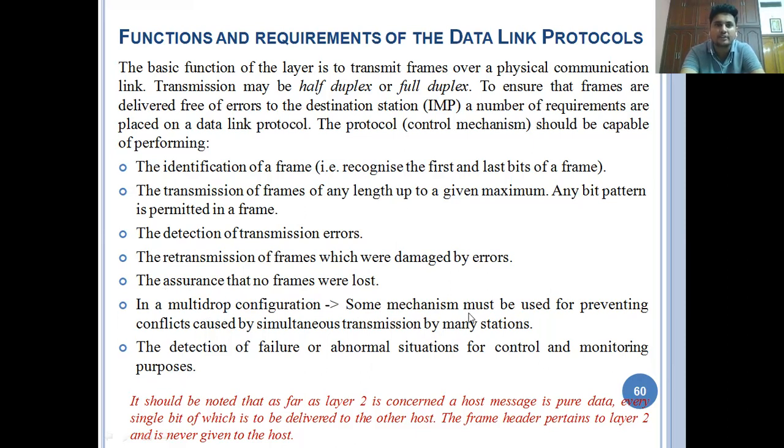These are the main functions and requirements of the data link layer, depending on those four design issues.